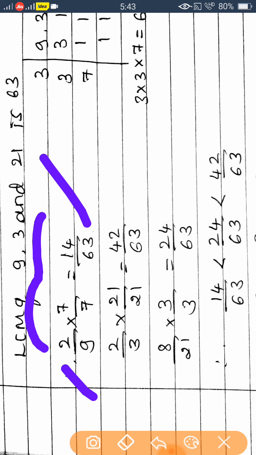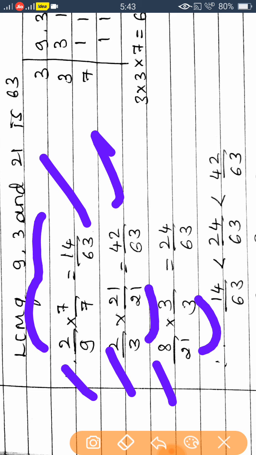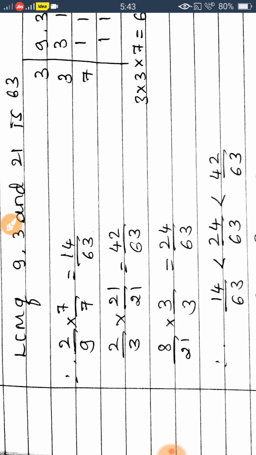Even 2 by 3: 3 times how much is 63? 21. So we have to multiply the 21 with the 2 also here. So it becomes 42 by 63. So 8 by 21, reverse process. Here 3 into 21, here 21 into 3. So 8 by 21 into 3 by 3 is equal to 24 by 63.